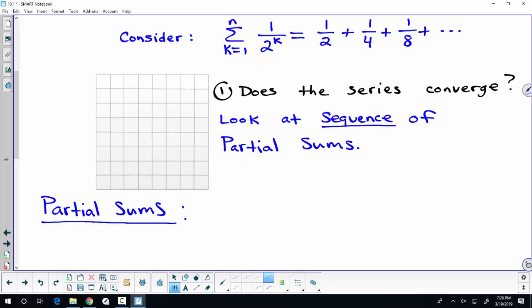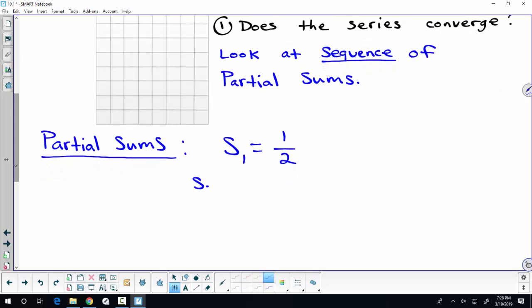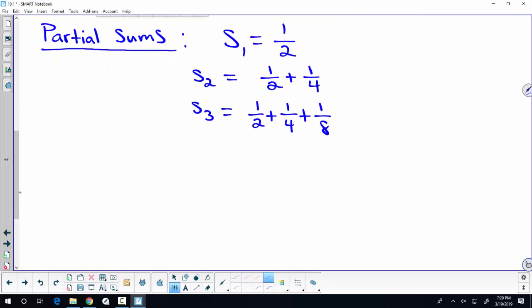So the first partial sum is just the first term, which is 1/2. The second partial sum is now 1/2 plus 1/4. The third partial sum is 1/2 plus 1/4, no, that's plus 1/8. Does that make sense? Okay, we'll look at maybe up to the fifth partial sum.